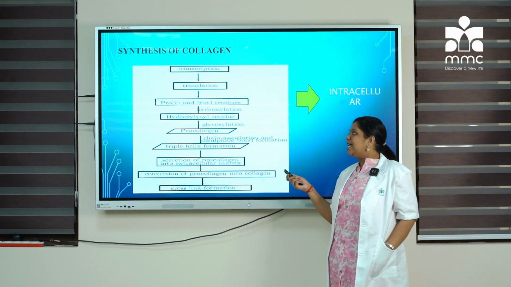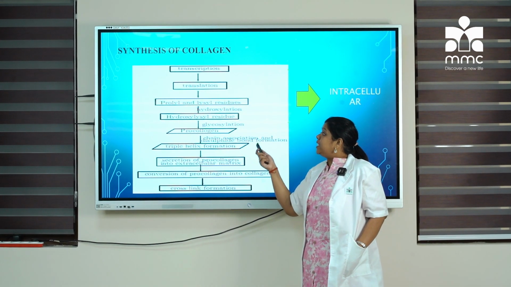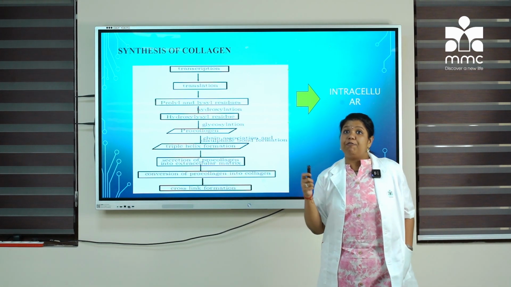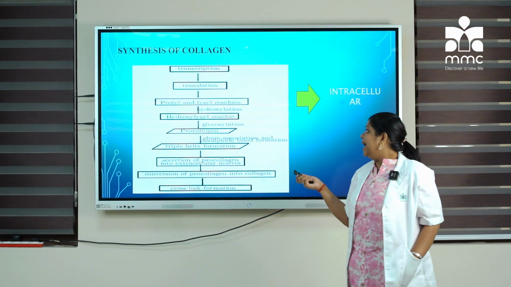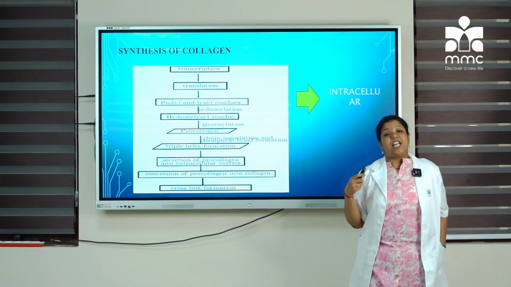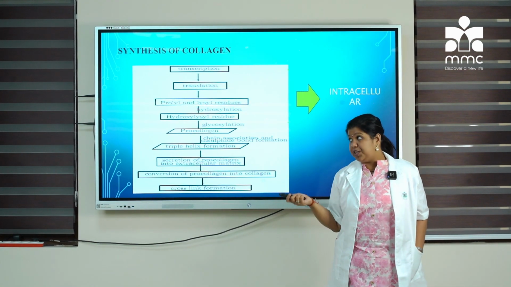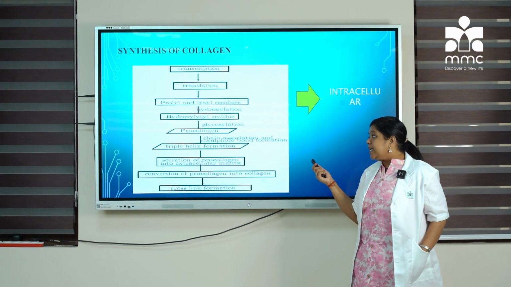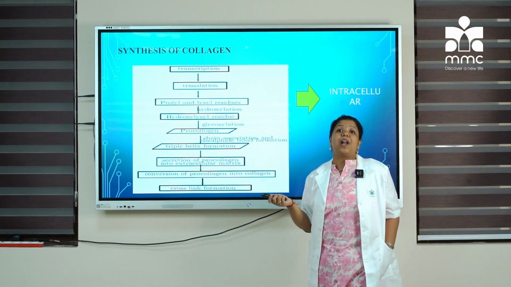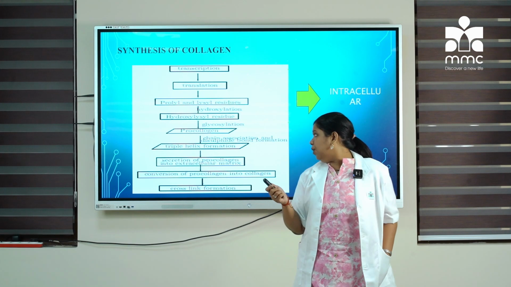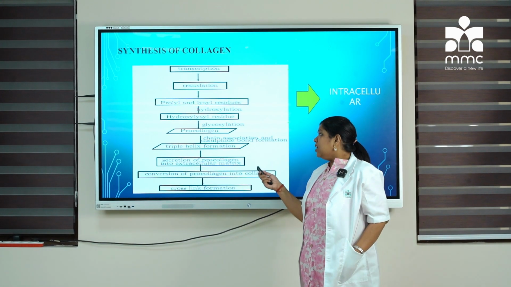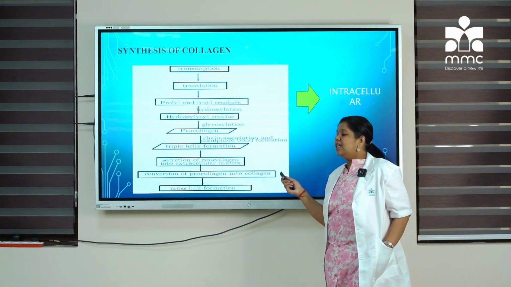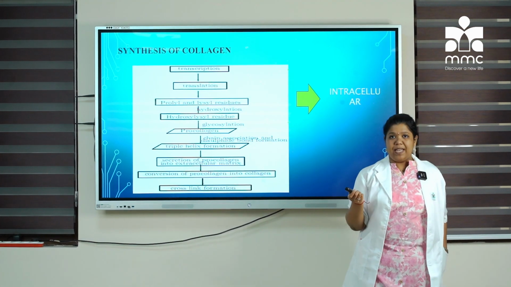The procollagen then undergoes chain association and disulfide bonds are formed in the procollagen. Then it undergoes triple helix structure formation and is secreted into the extracellular matrix as procollagen. Then there is conversion of procollagen into collagen. Then cross-link formation happens.